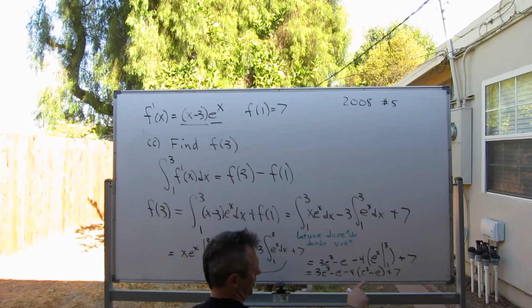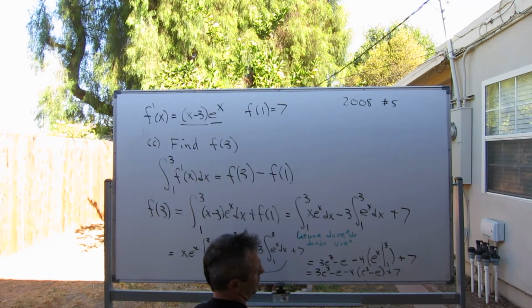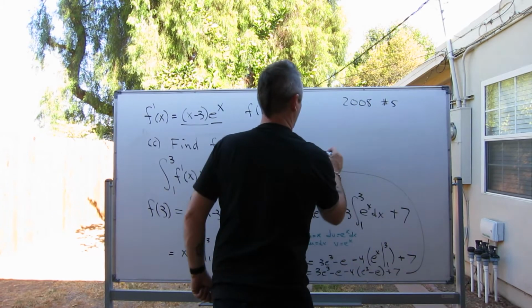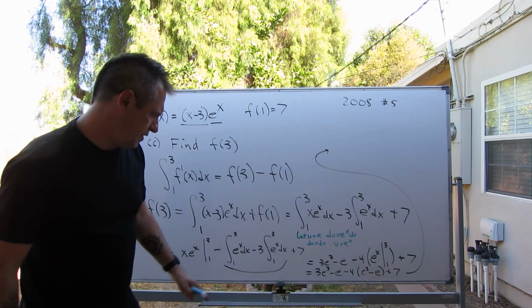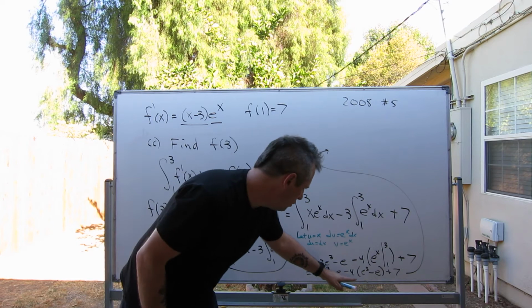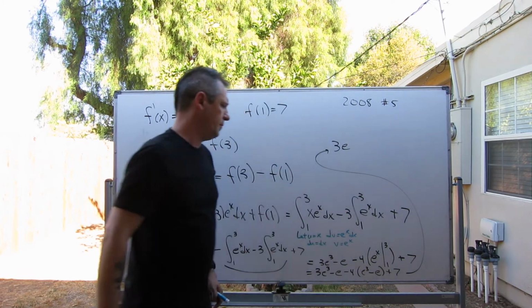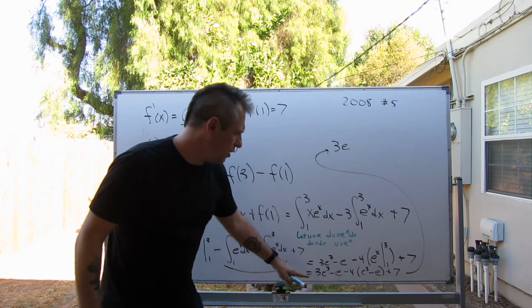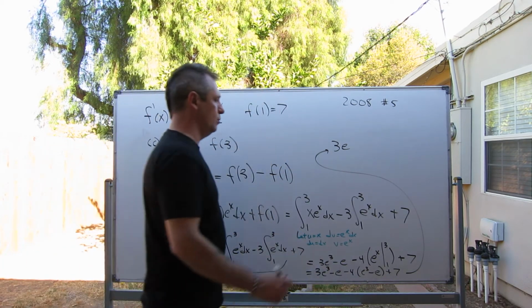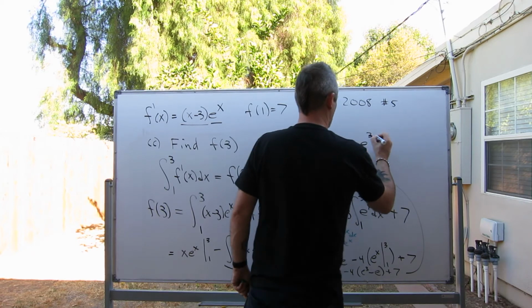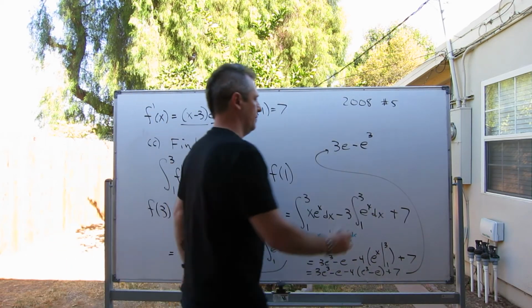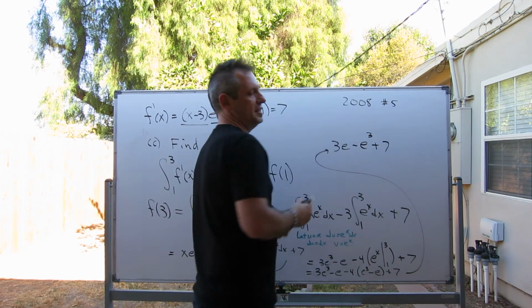So it looks like altogether here, I'm just going to bring this up for our final answer. Altogether, I have 4 e's minus 1 e, so we have 3 e's. And then we have 3 e cubes minus 4 more e cubes, so that's minus 1 e cubed plus 7. And this is f of 3.